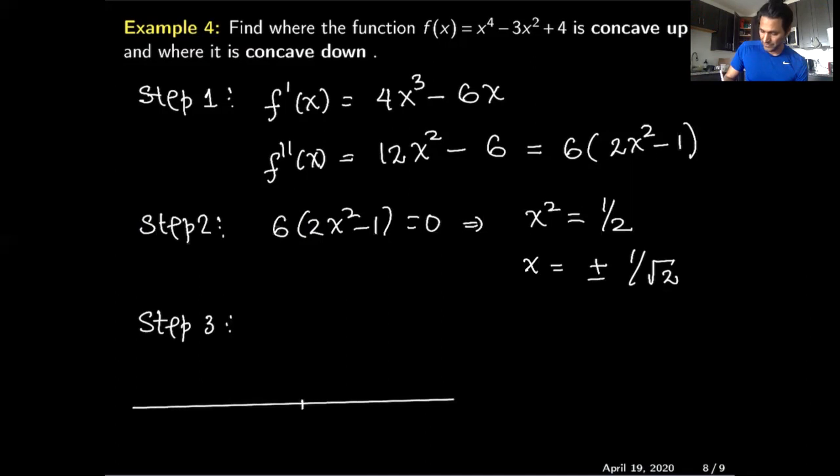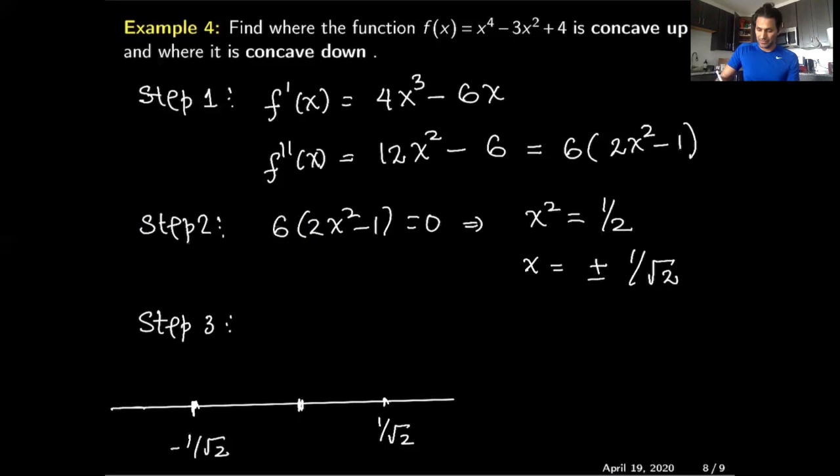So again, I have 1 over the square root of 2, and I have one point here, which is minus 1 over the square root of 2. Let's check where the second derivative is positive or negative.